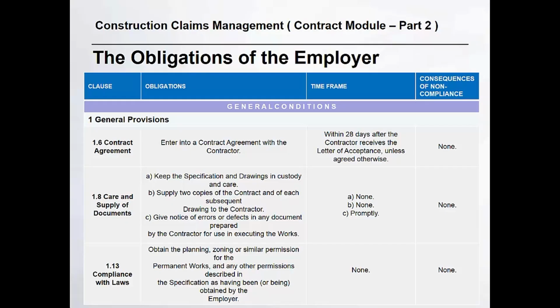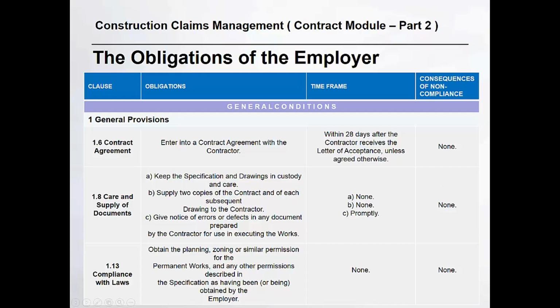You have here the clause number, the obligation and the time frame, if there is a time frame, and the consequences of non-compliance. So if you are a contractor and you feel that your client is not committed to the obligations, you can refer to the consequences of non-compliance.